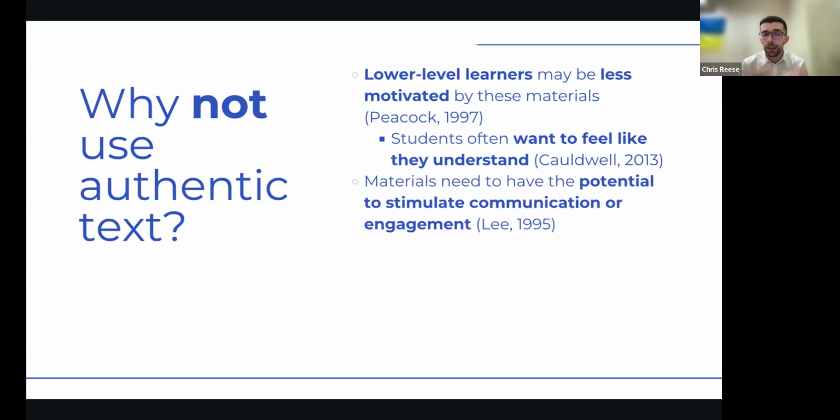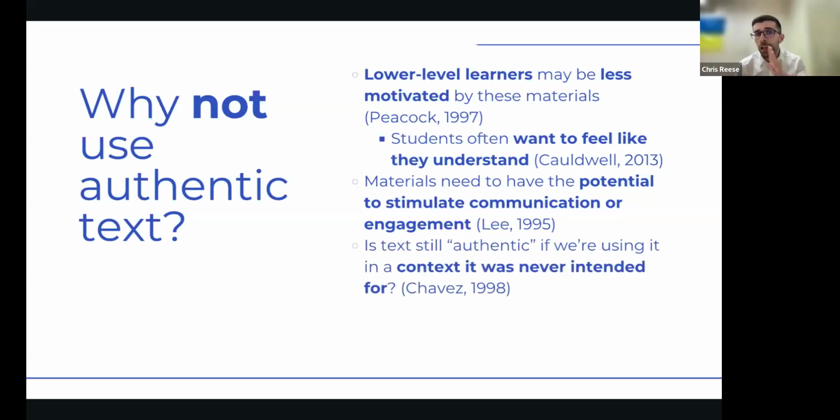For example, design an evening. If the weather is right, what would you do? If the weather's wrong, what would you do? There's things you can do, plan a weekend, etc. But if the students have had trouble understanding the text, it's very unlikely that they'll be able to get much meaningful communication or engagement from it if they've had a low level of comprehension, even if they've performed well in our task.